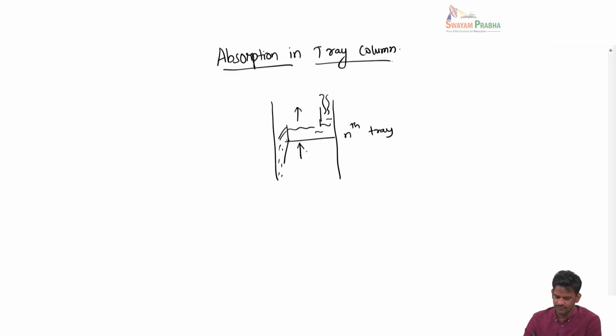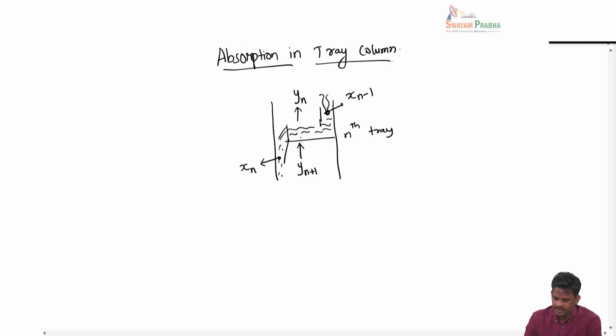In terms of our nomenclature, this would be Yn. The composition in the gas phase leaving the nth tray is Yn, and the composition of the liquid leaving tray n is Xn. The gas incoming to this nth tray is Yn plus 1, and the liquid coming in is Xn minus 1.